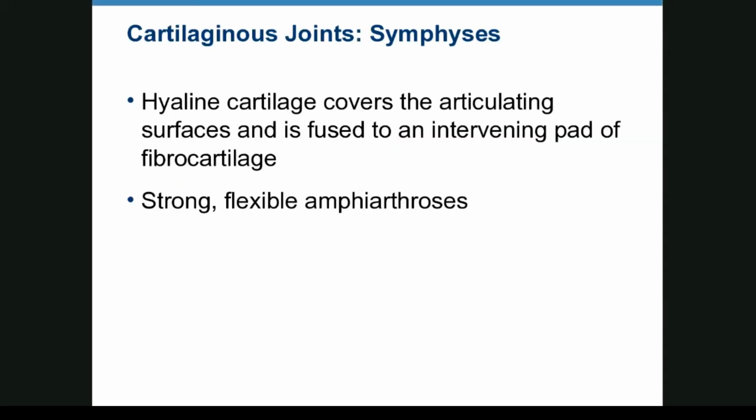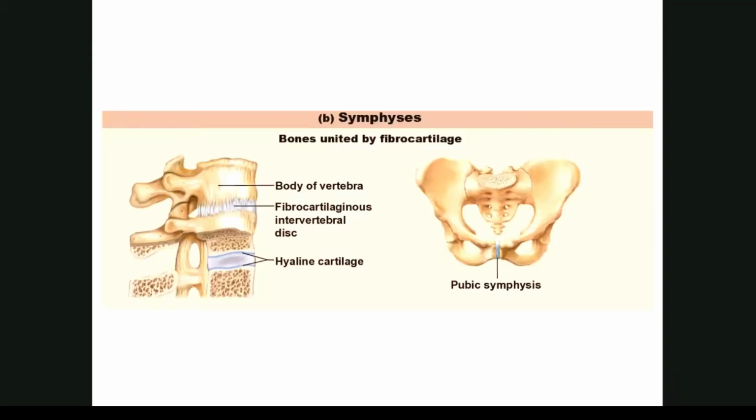Okay, cartilaginous joints, symphysis, and these tend to be slightly flexible. The pubic symphysis becomes flexible when a female is ready to give birth. I probably should have put a picture in here of a male versus a female pelvis.